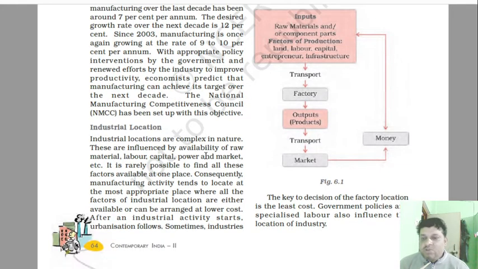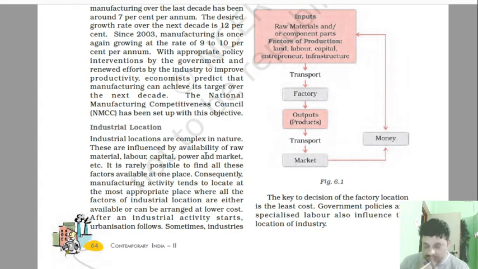Now the next topic, which is a very important one, is industrial location. What does industrial location mean? We have just talked about the meaning of manufacturing, the role and contribution of industry in economic development and the eradication of poverty and unemployment, the importance of industry, and how much share manufacturing industry has had in the Indian economy in the last decades.